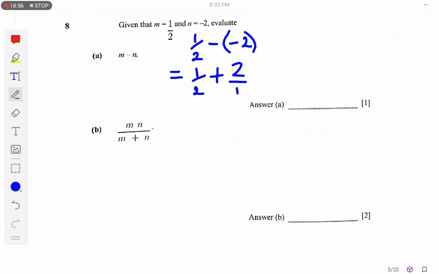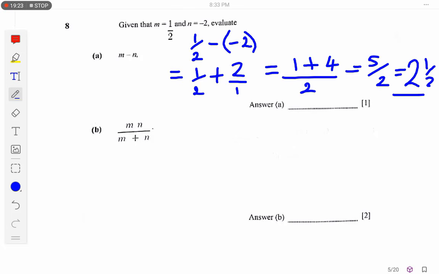So we can add these with a common denominator, which is 2. So I have 1, plus 2 times 2 gives 4, so I'll get 5 over 2. If you want, you can write it as 2.5.